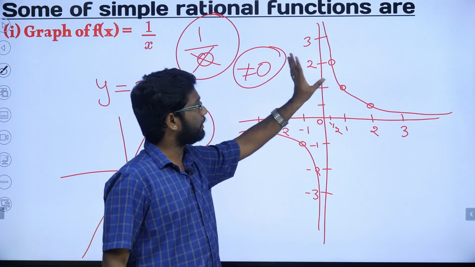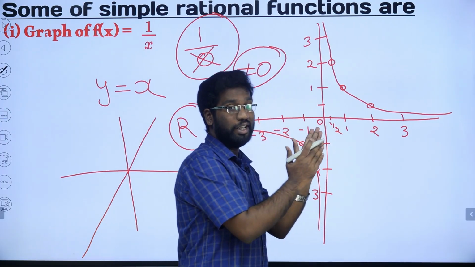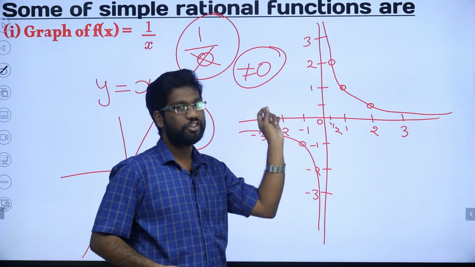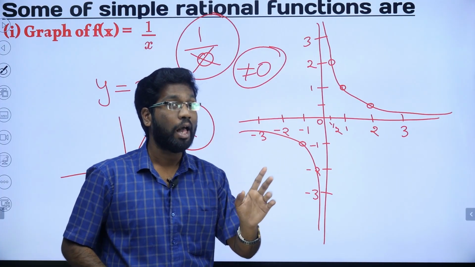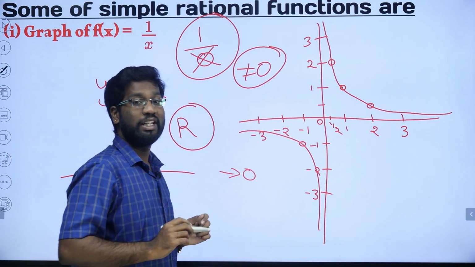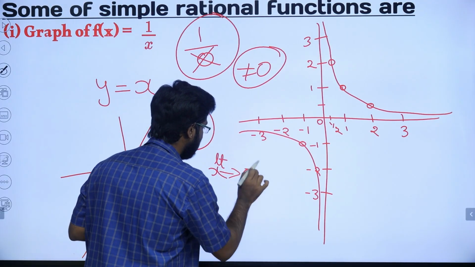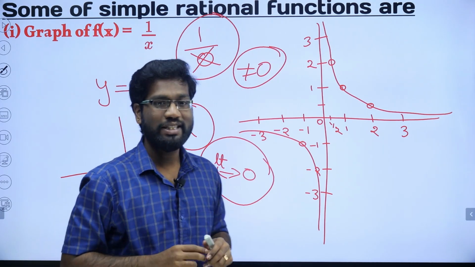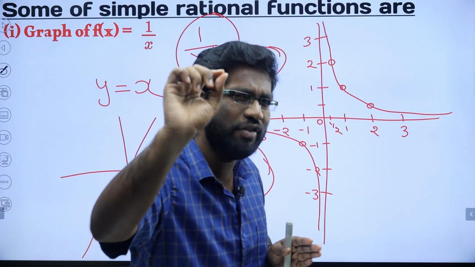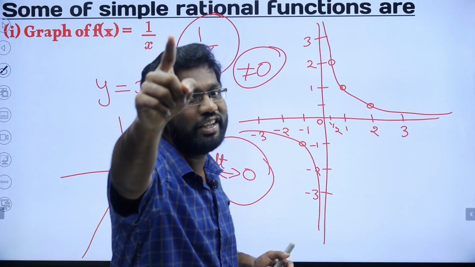So see clearly, my dear students, here 0. Here one thing I have to say: this function does not equal 0, but this function is approaching 0. That's what they have mentioned in calculus. Limit x tends to 0 means it just goes very close to 0, but it never touches the 0.